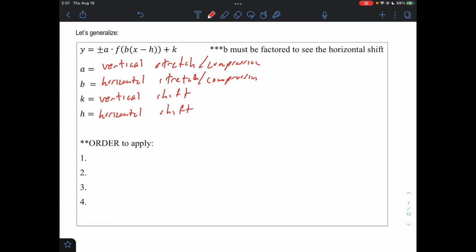And don't forget the negatives out in front could do our reflections as well.